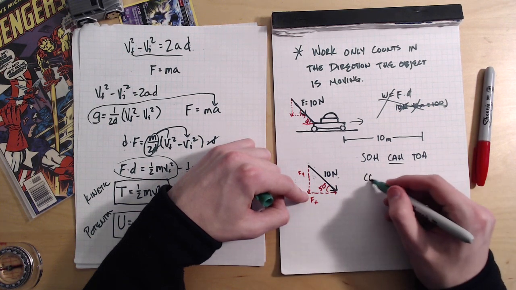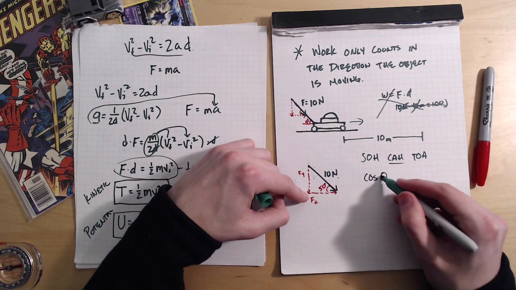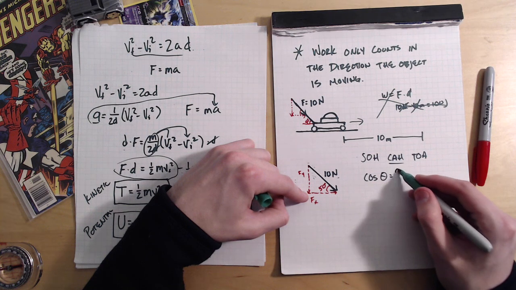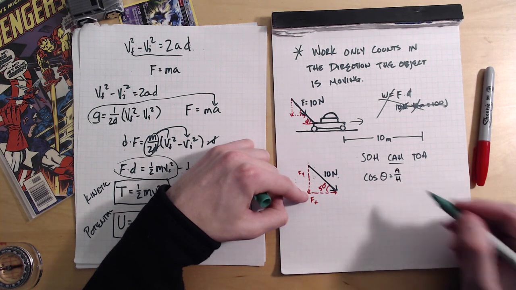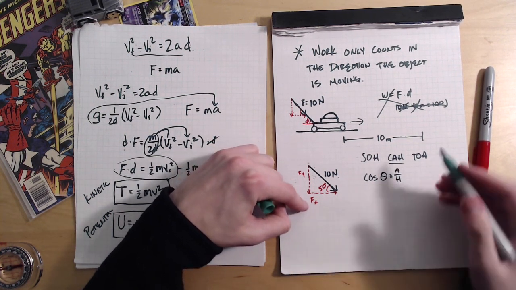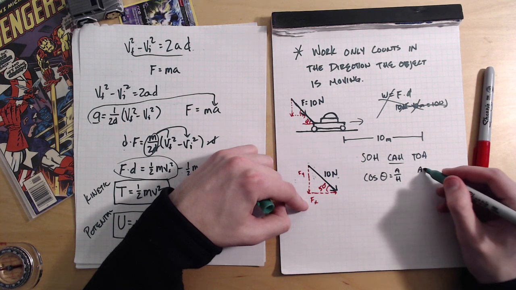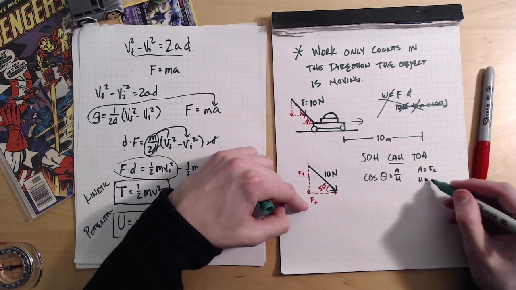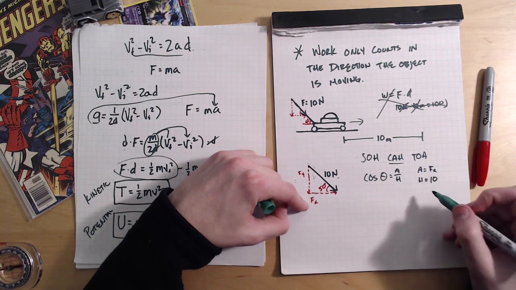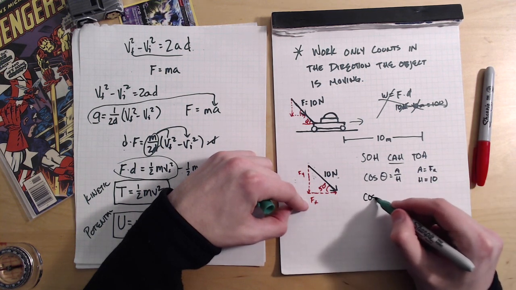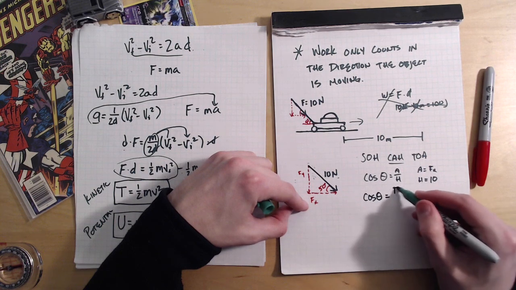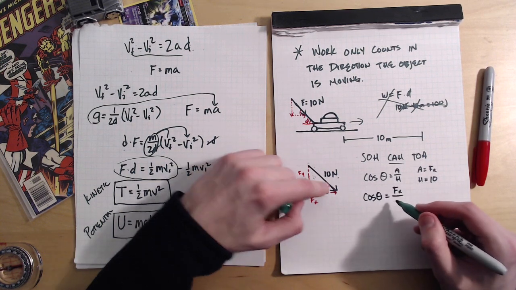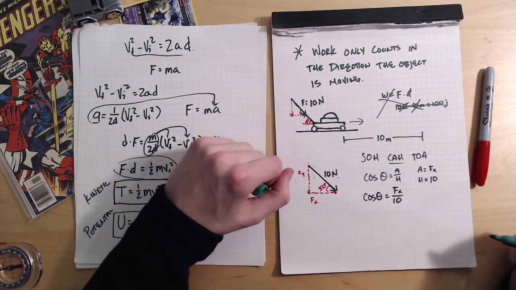So we're going to get cosine of theta is equal to the adjacent side over the hypotenuse. Well, in this case, the adjacent side is Fx, and the hypotenuse is our 10 newtons here. So let's re-plug these in. So we get cosine theta is equal to the force in the x direction over our hypotenuse of 10.